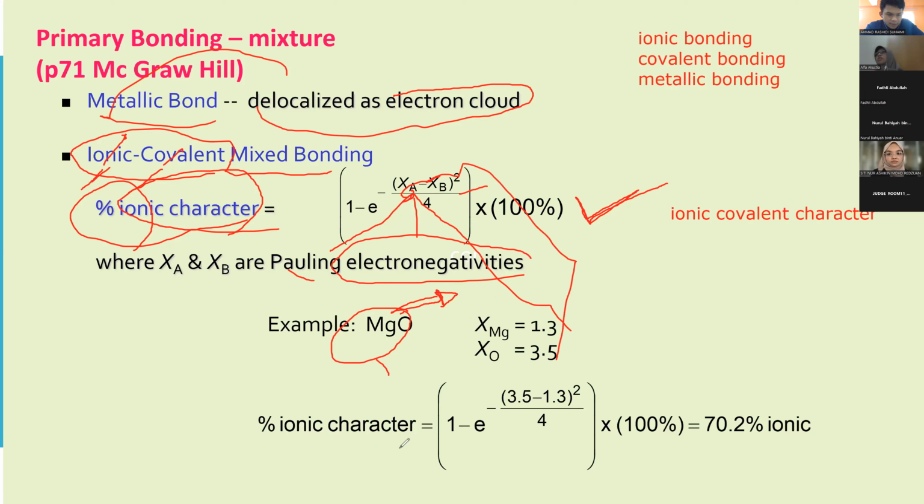Now the percentage of ionic character in magnesium oxide is 70.2%. The ionic is 70.2%, so there is almost 30% covalent character.